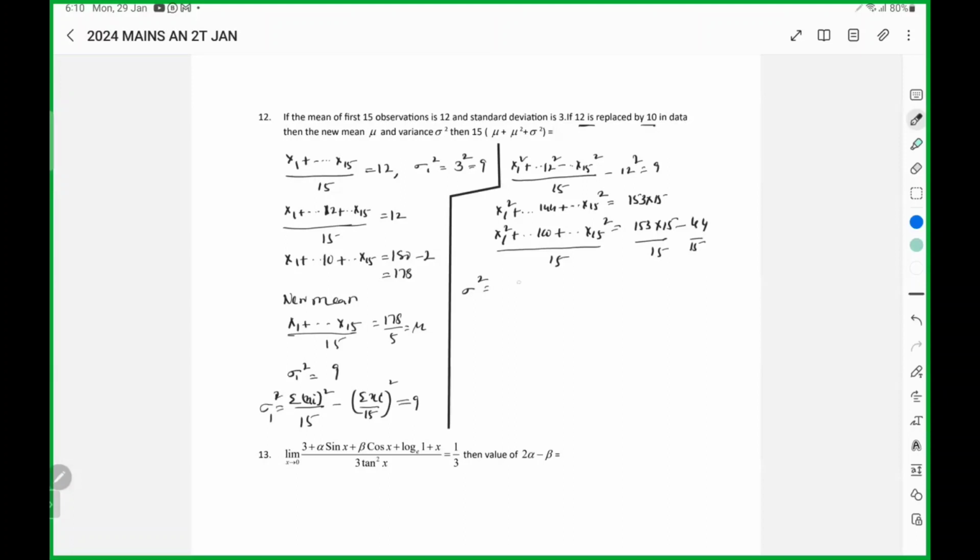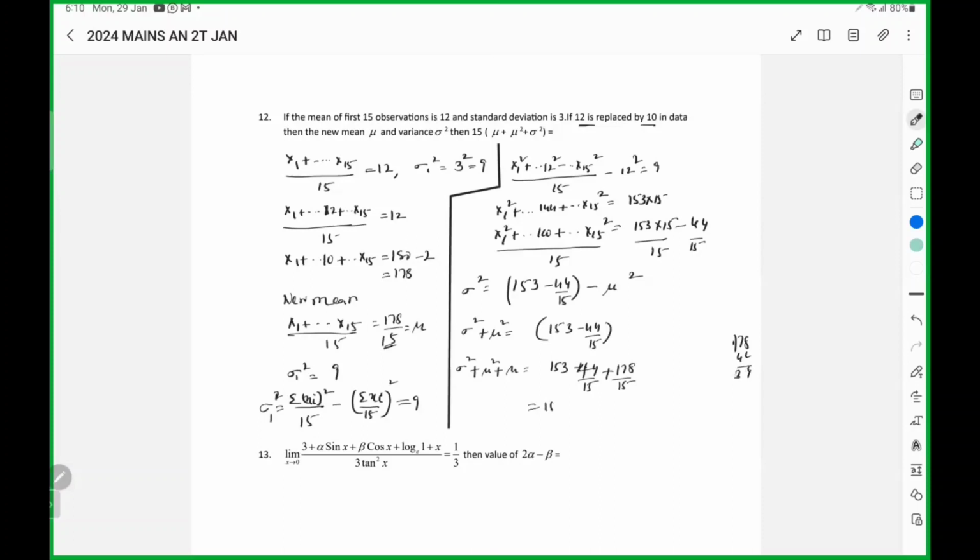Sigma square is this 153 minus 44 by 15 minus the new mean square. So sigma square plus mu square is 153 minus 44 by 15. So 178.